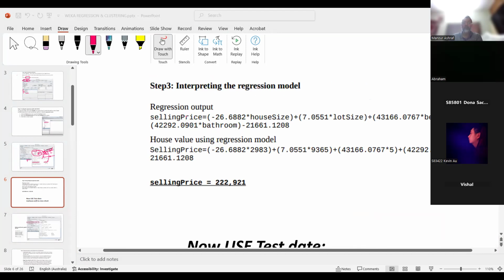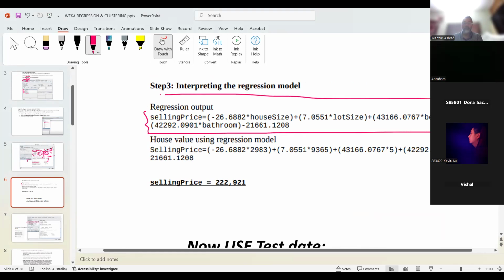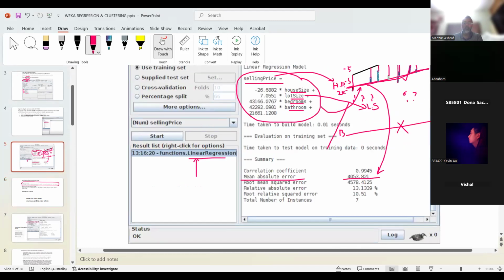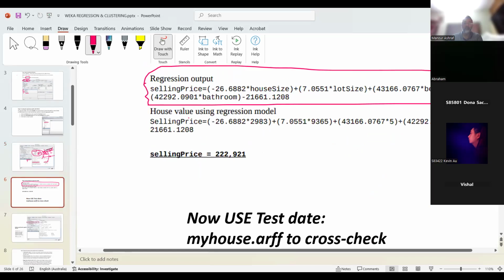The regression output is selling price equals minus 26 times house size, and so on. This is the equation I'm talking about. This particular equation of the regression output is actually the same thing as this one. This circled one I just wrote here.